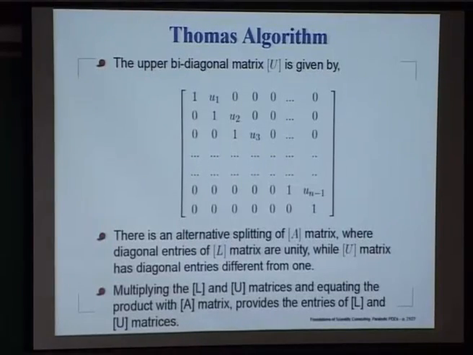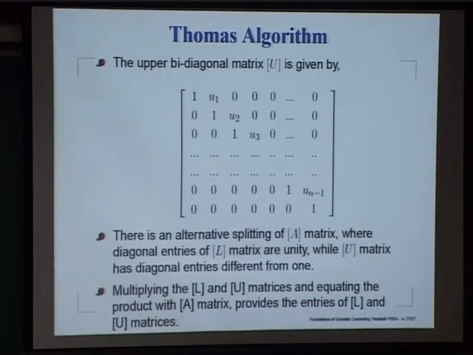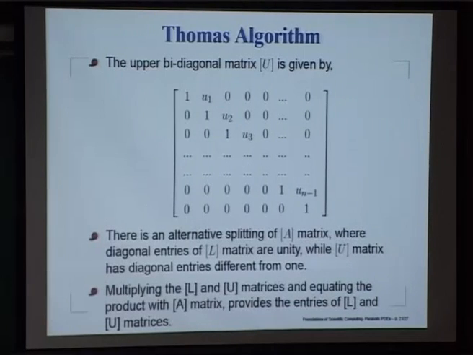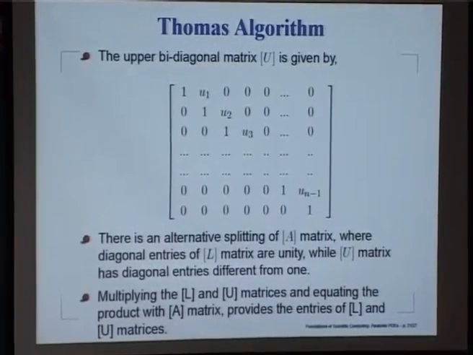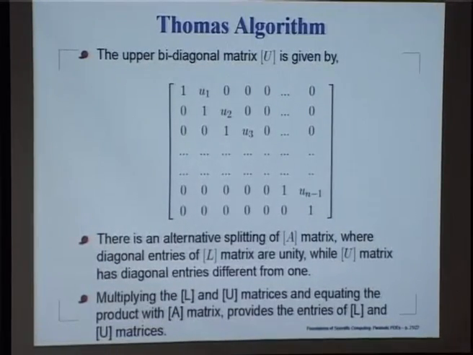Now, how do I find these entries L, D and U lowercase quantities? Well, the simple thing to do is take this L and U matrices, take the product and equate it with the A matrix entries.